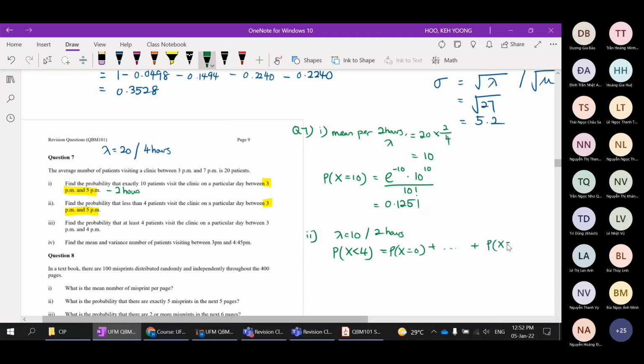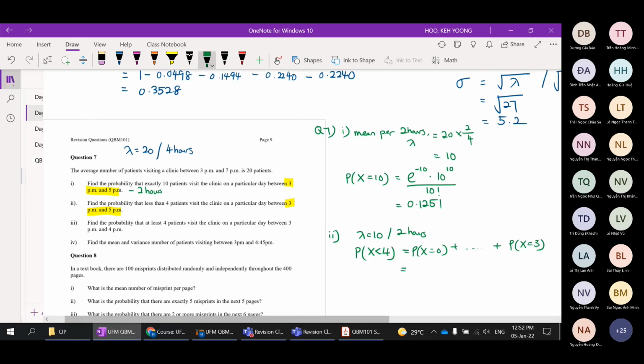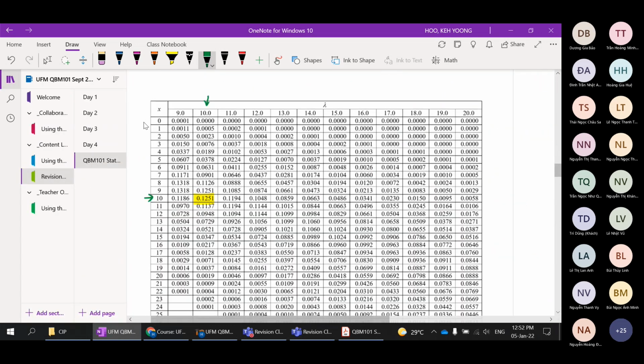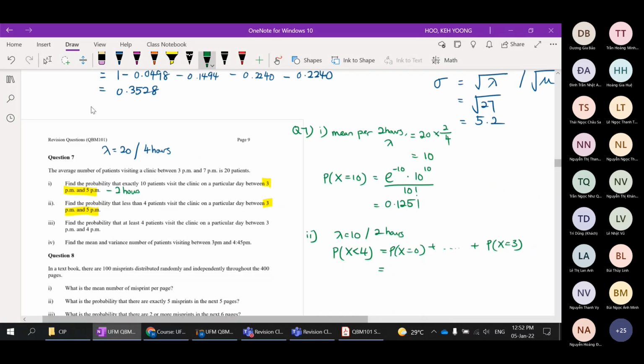Add up these 4 probabilities. I will just refer to the statistical table and then copy out the answers. So you refer to 0, 1, 2, and 3, these 4 values. Add up these 4 values, you should get the answer. Less than 4. Yeah.